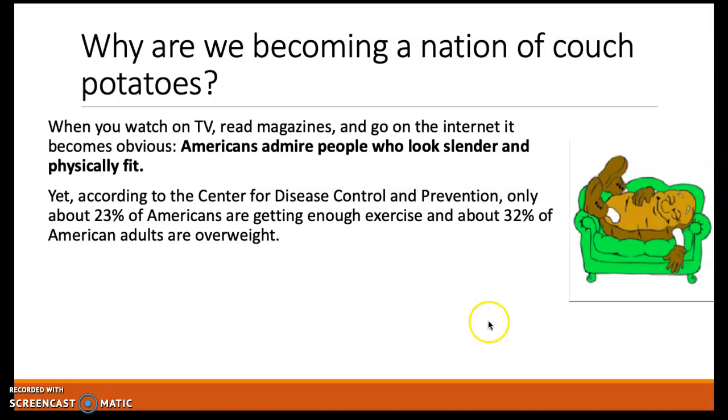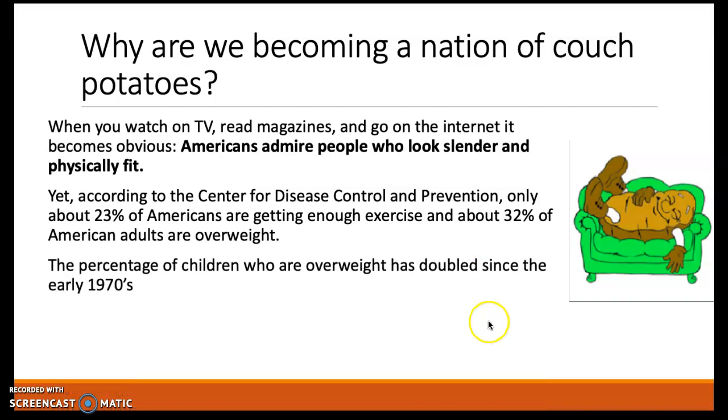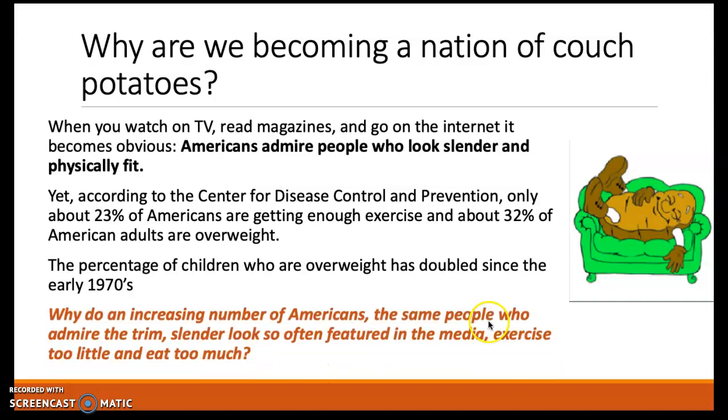However, only about 23% of Americans are getting enough exercise, and about 32% of American adults are overweight. And the percentage of children who are overweight has doubled since the early 1970s. So the question is, why do an increasing number of Americans, the same people who admire the trim, slender look so often featured in our media, why do we exercise too little and eat too much?